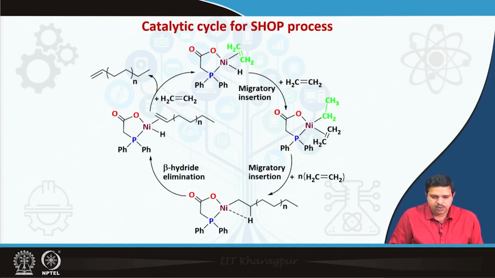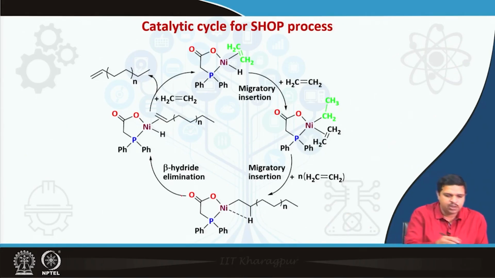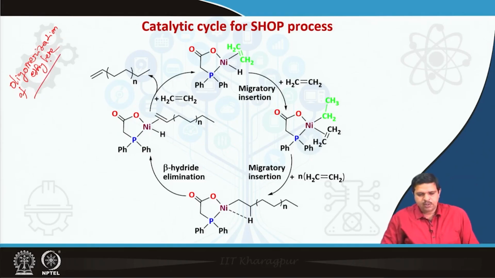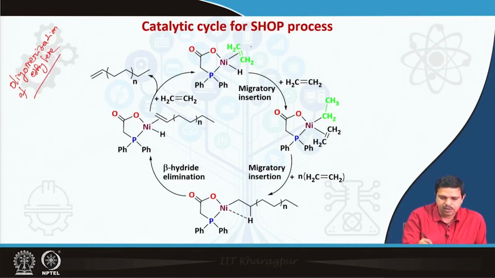Here you will see how this SHOP process, that is the first step of the SHOP, the alpha oligomerization of ethylene, takes place. Okay, now you see that is the active catalyst.